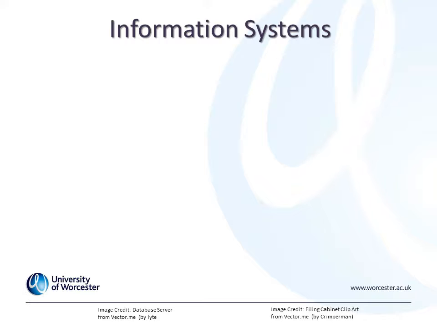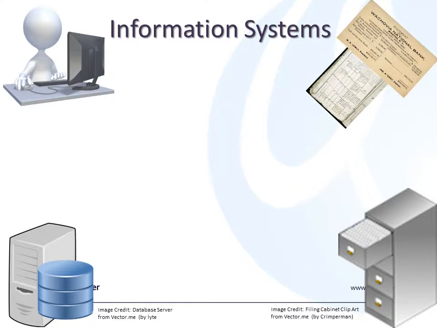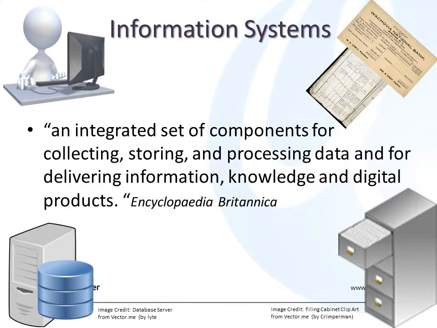Information systems. Again, I'm just going to take this from the Encyclopaedia Britannica. There are different things you can say about what information systems are, but if you think about it, it's an integrated set of components for collecting, storing and processing data, and for delivering information, knowledge and digital products.